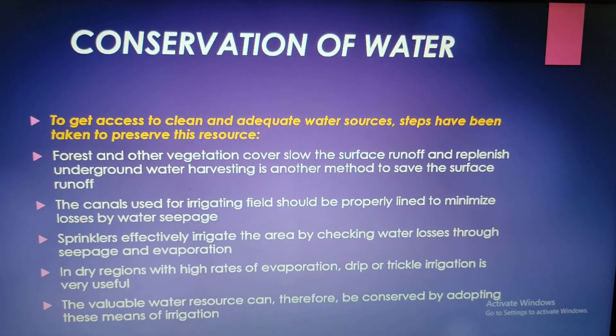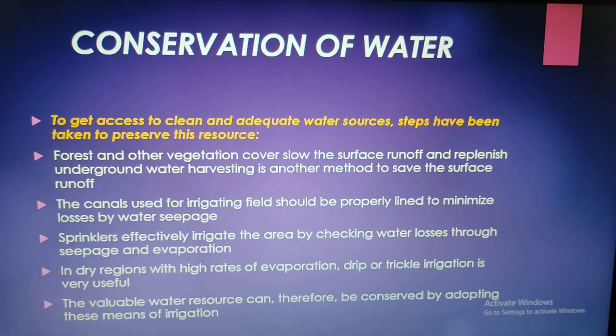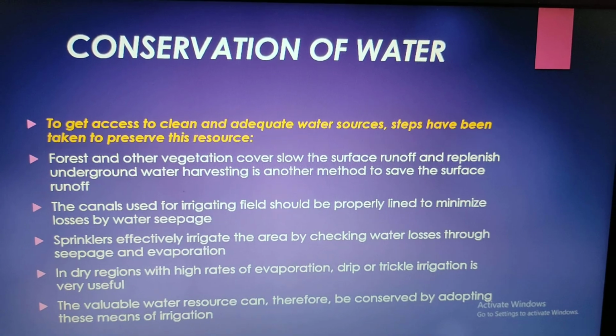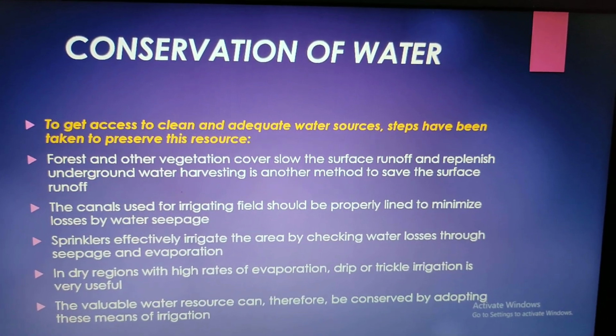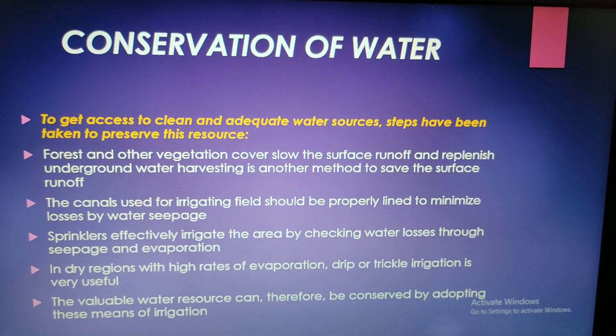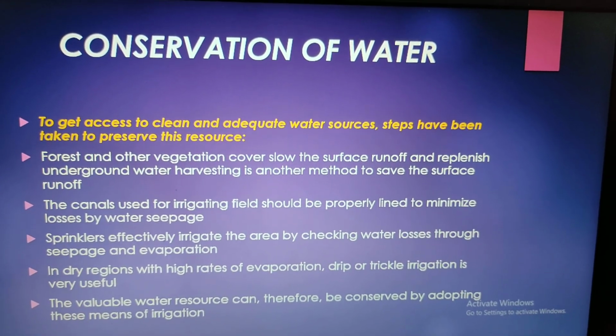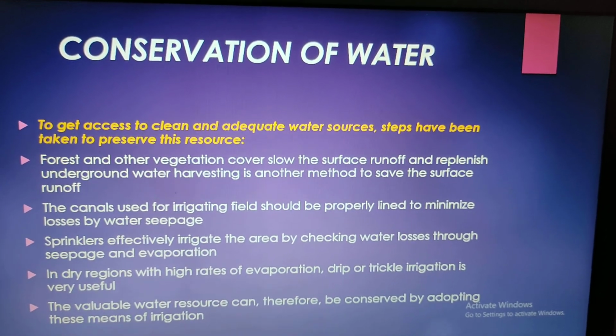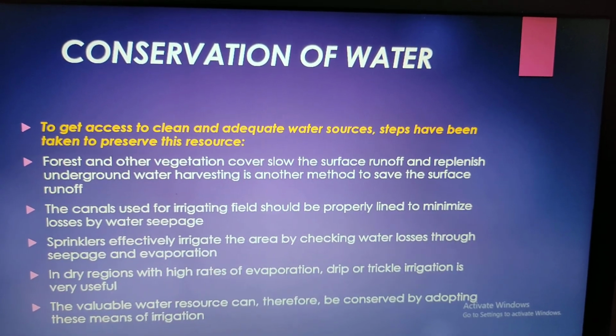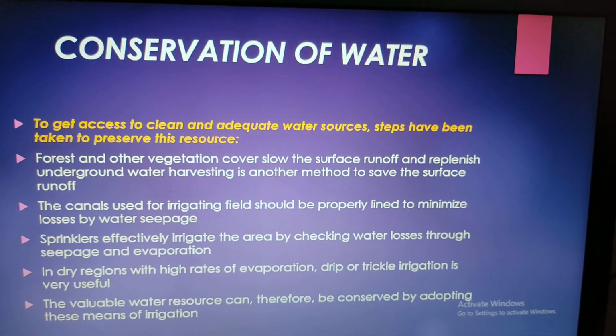The canals used for irrigating fields should be properly lined to minimize losses by water seepage. Sprinklers effectively irrigate the area by checking water losses through seepage and evaporation.